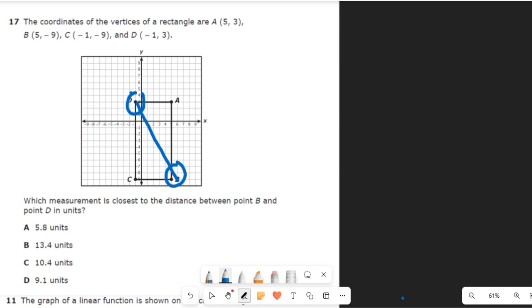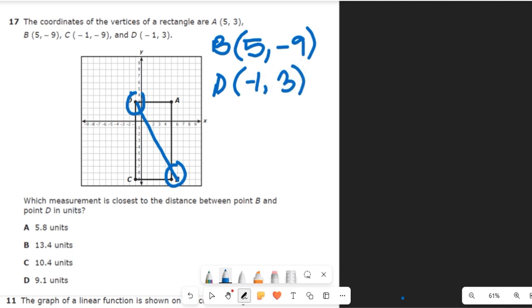Now, we have two coordinates to deal with: coordinate B, which is (5, -9), and coordinate D, which is (-1, 3). Let's look at how we can work with these two coordinates.